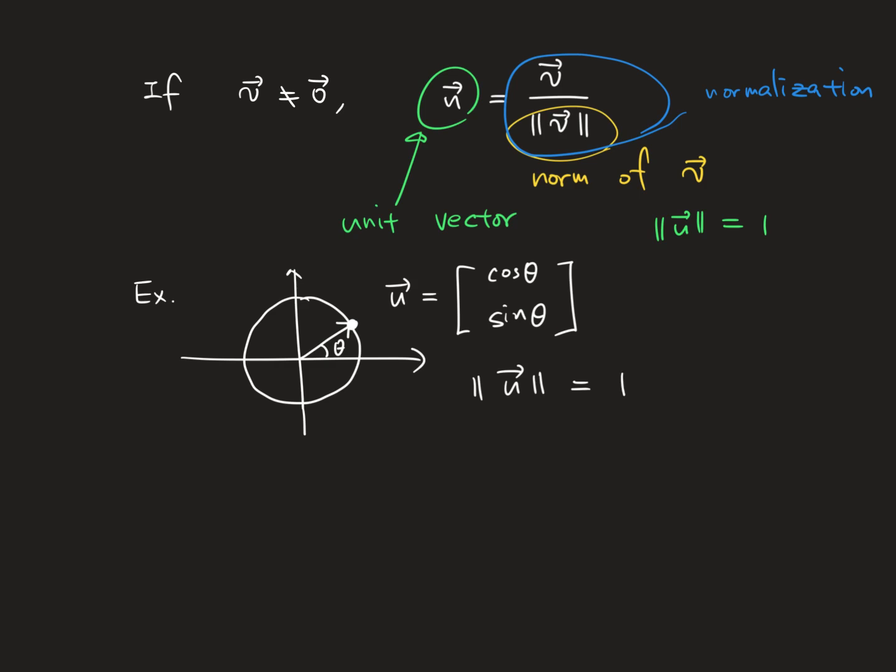So u is a unit vector, because we know that cosine square plus sine square is equal to 1. But what is cosine square plus sine square? This is the norm square of u, because this is u dot product u. So this vector is an example of a unit vector.